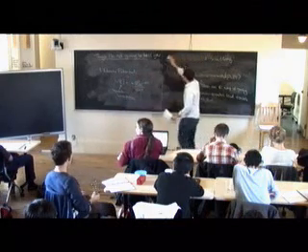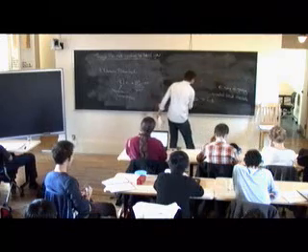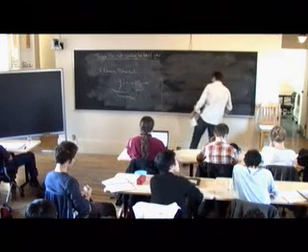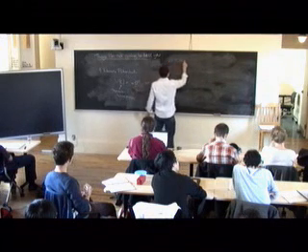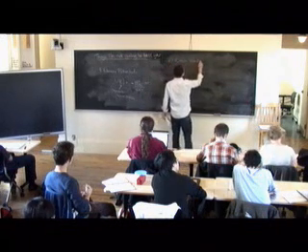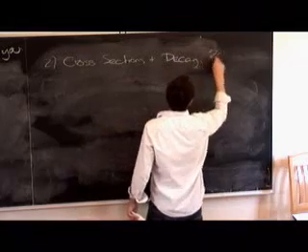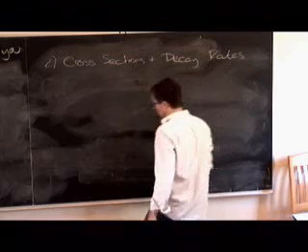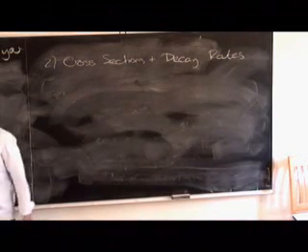Okay, so that's the first thing I'm not going to talk about. The next thing I'm not going to talk about is cross-sections and decay rates. This has a similar flavor to the first thing I didn't talk about.